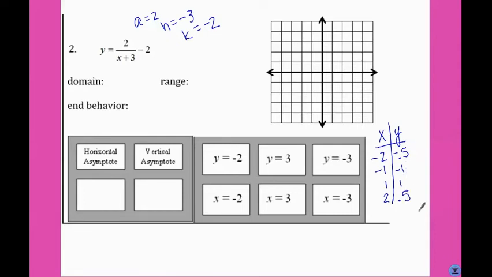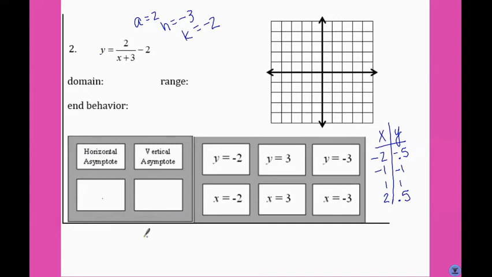All right, now let's take a look at these big gray boxes at the bottom of your paper. These are similar to a drag and drop problem you might have on the SOL. So what this wants you to do is pick from these choices, pick out the horizontal asymptote and put it in this box, and pick out the vertical asymptote and put it in this box. Now the thing is, if you get the boxes backwards, the SOL is not going to give you any points. You got to make sure the right equation is in the right box.